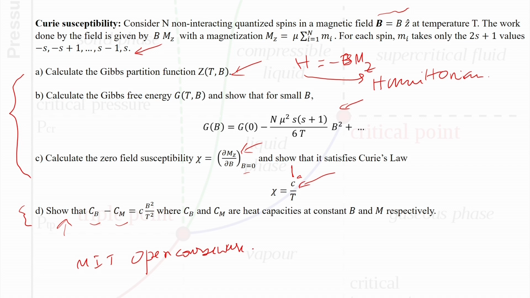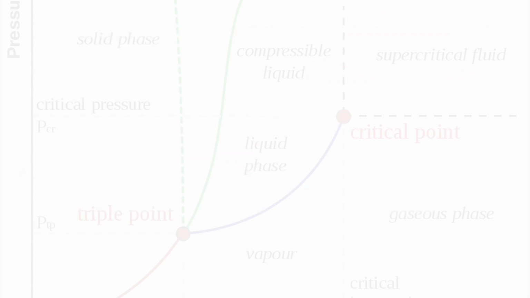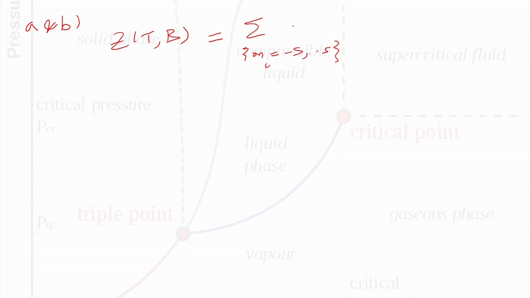Okay, so the question is, how do you do this? Let's see if we can. In order to do this, the first thing we have to do is calculate the Gibbs partition function, which is as simple as Z(T, B), basically the summation over all the m's of e raised to beta mu B times the summation over i of m_i.